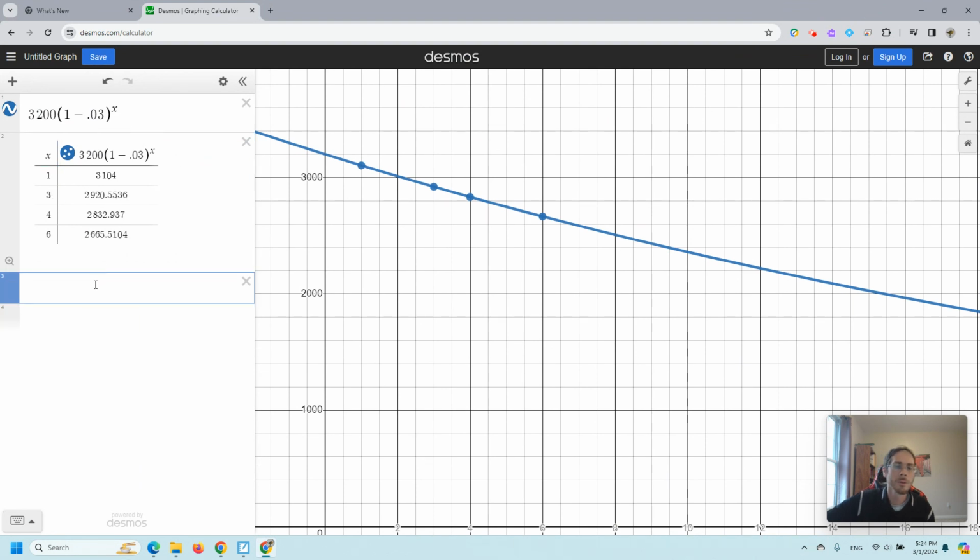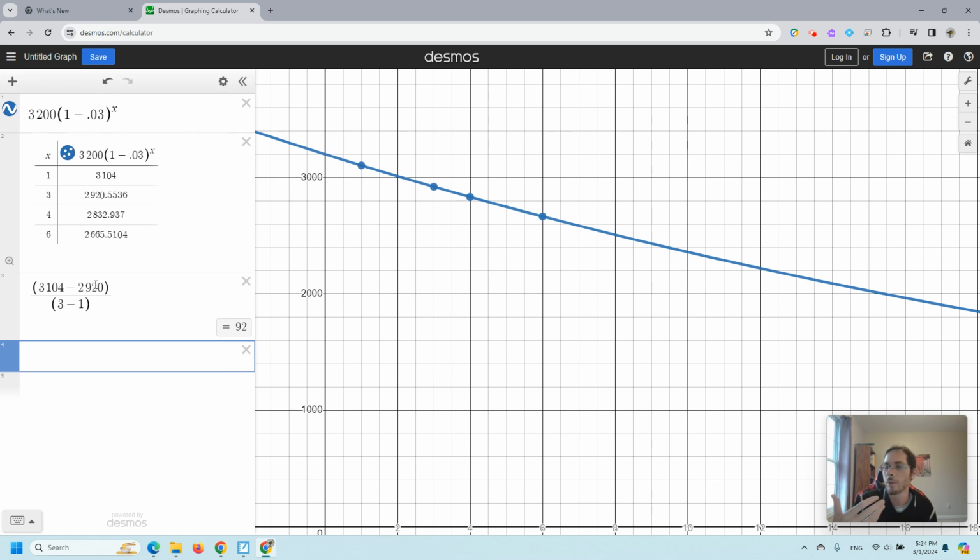So from 1 to 3, we're going to subtract them. 3104 minus 2920 is about 184. So we're losing 184 in 3 days. 3 minus, I guess it's only 2 days. That was not the right button. Divide by 3 minus 1. So we're losing about 92 per day.